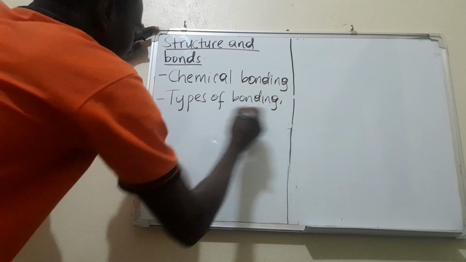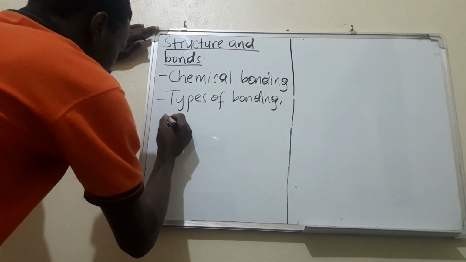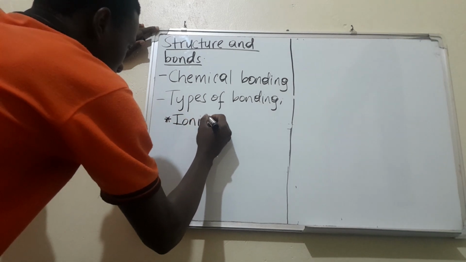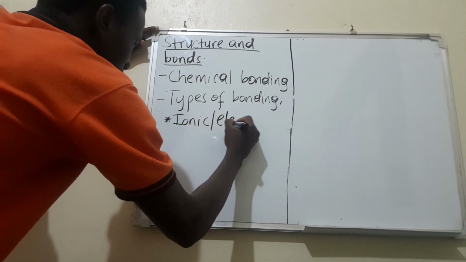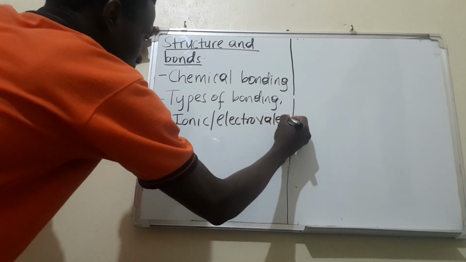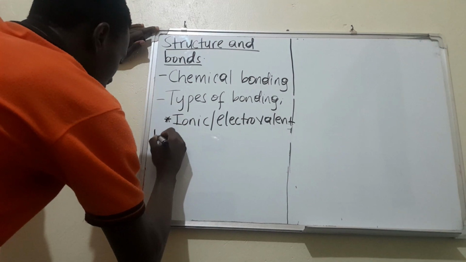So these include ionic or electrovalent. Ionic is the same as electrovalent bonding.